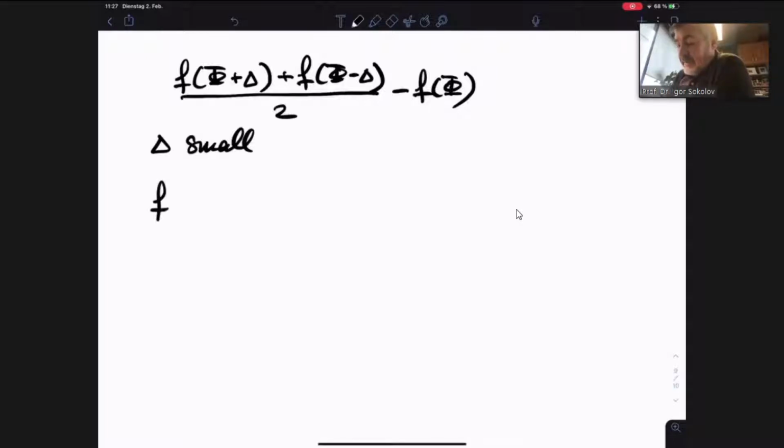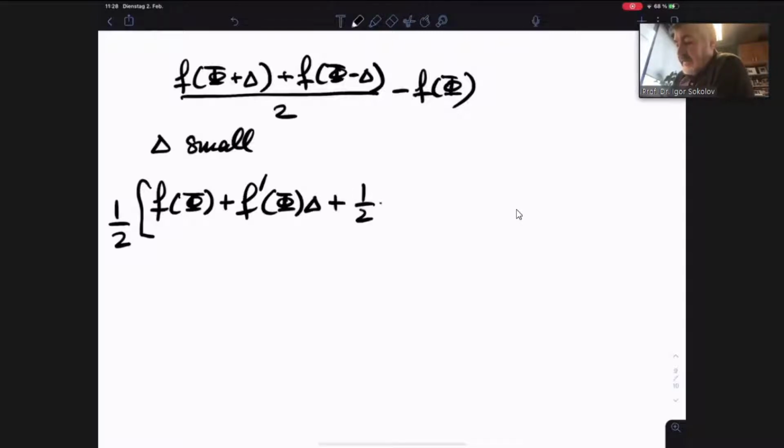I will have here f of phi. Okay, let me put 1/2 in front. F of phi plus f prime of phi delta plus 1/2 f double prime of phi delta squared.